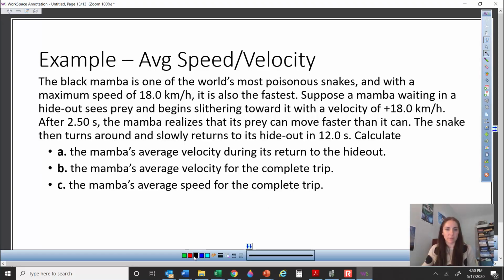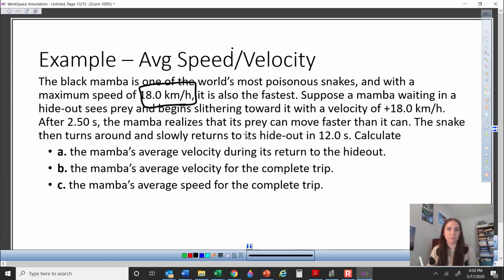All right, so the Mamba, right? The black mamba is the world's most poisonous snake with a maximum speed of 18 kilometers per hour. So automatic red flag here, of course. We need to convert that. That's fun. Suppose the mamba is waiting in a hideout to seek its prey before it begins to slither with that velocity.